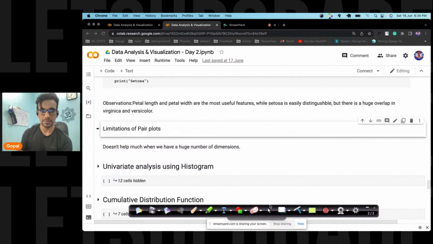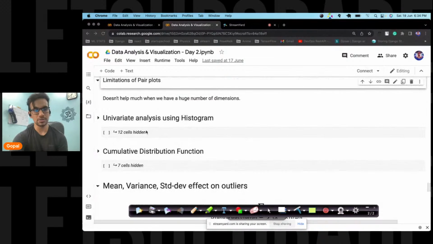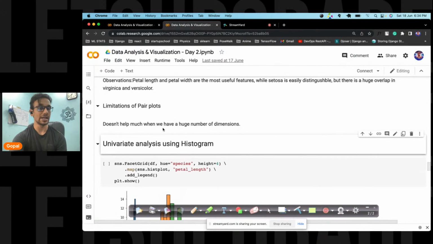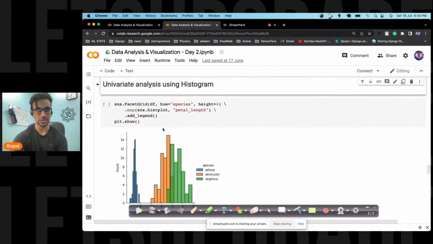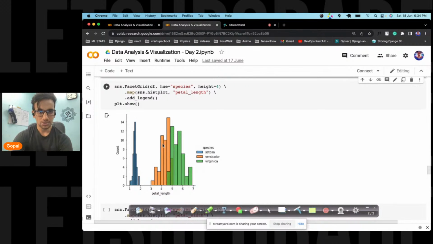All right, now the next part. I guess we did talk in brief about what univariate analysis is all about, so let's talk about this first. What you are seeing here is your histogram.